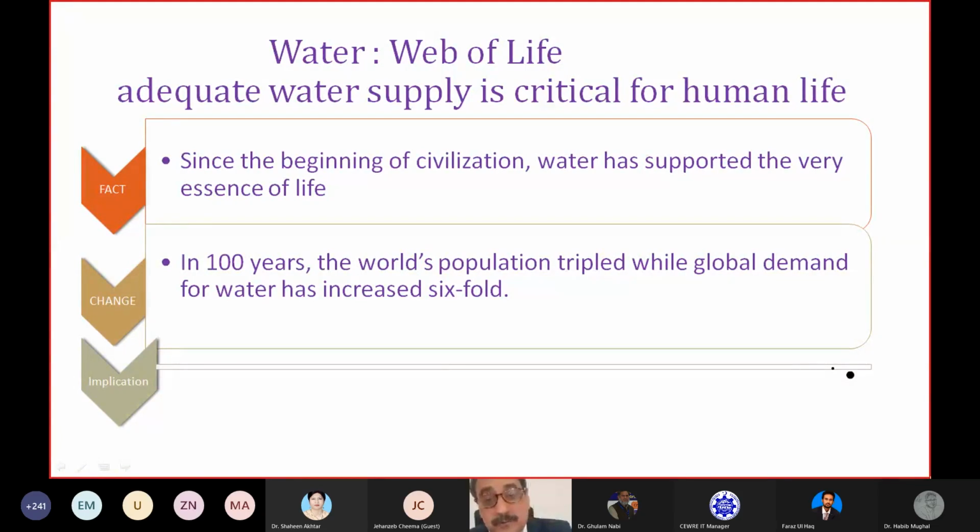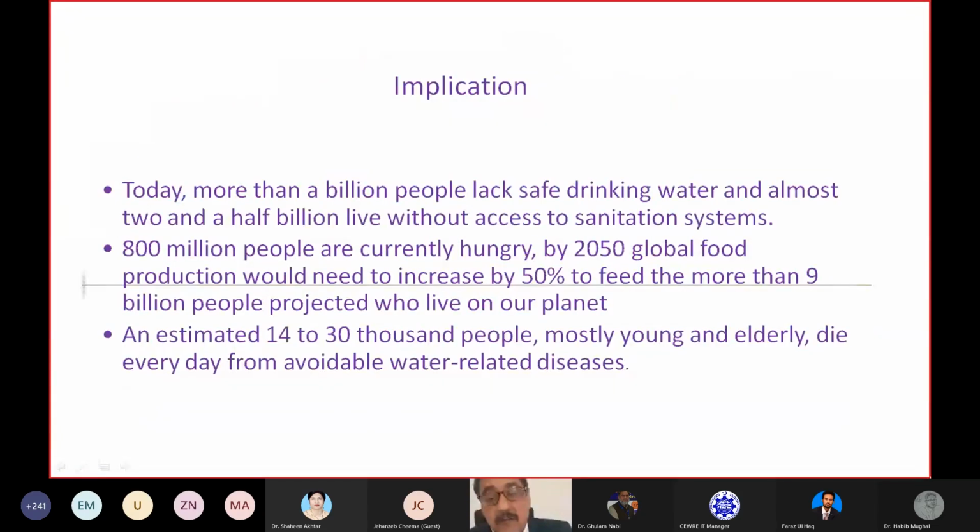We need more water for our food, we need more meat. We have industrialization, we have urbanization. So that has an implication factor. Today, more than 1 billion people lack water. Yes, we must speak in every presentation that there is a deficiency even today.